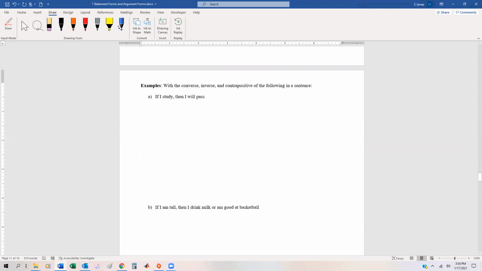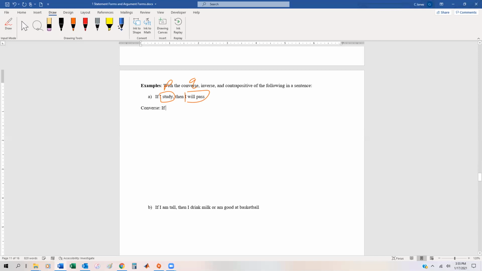So we can clearly see that if I study, with I study as P, I will pass as Q. If we think of this in terms of the converse, we're just going to flip those statements. So the converse is when we would flip those.